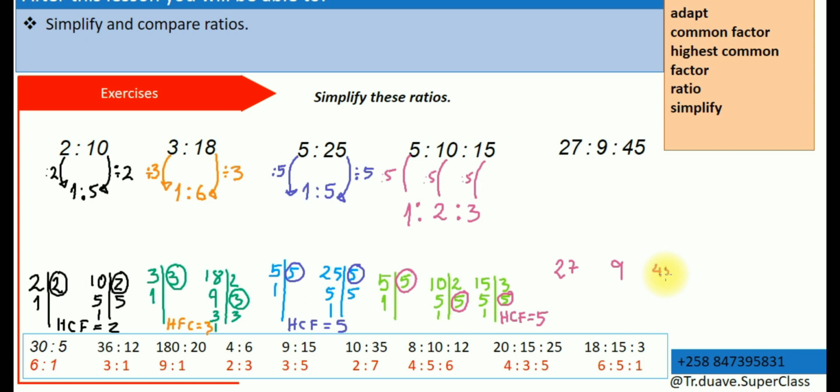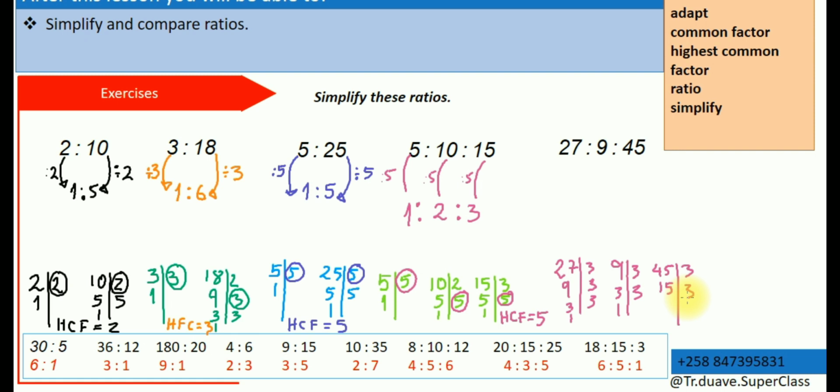27 divided by 3 is 9, by 3 is 3, by 3 is 1. 9 divided by 3 gives us 3, by 3, 1. 45, we divide by 3, the result is 15.